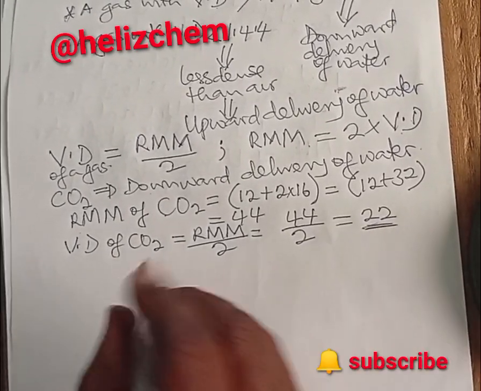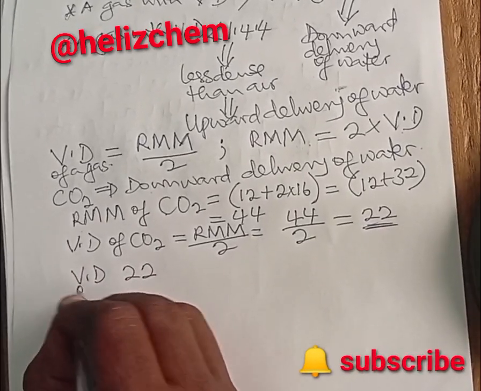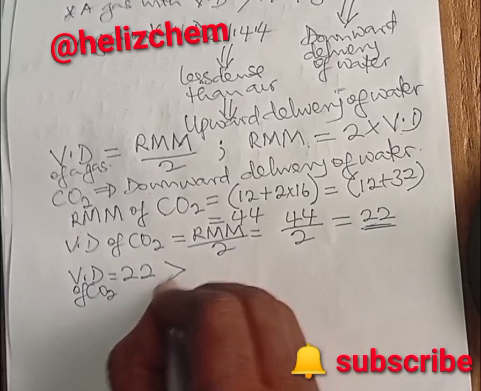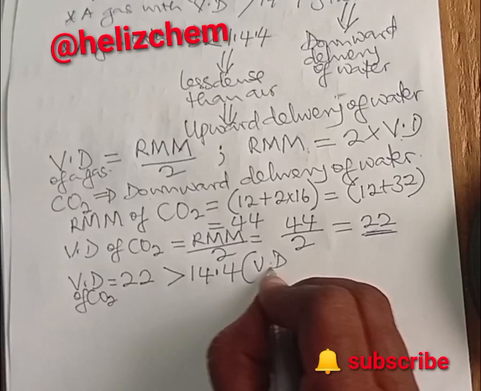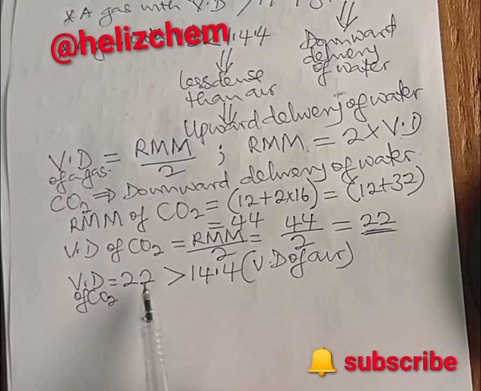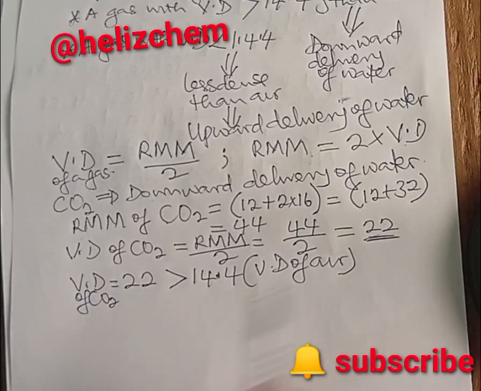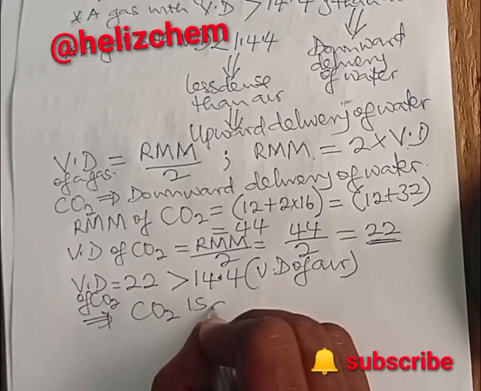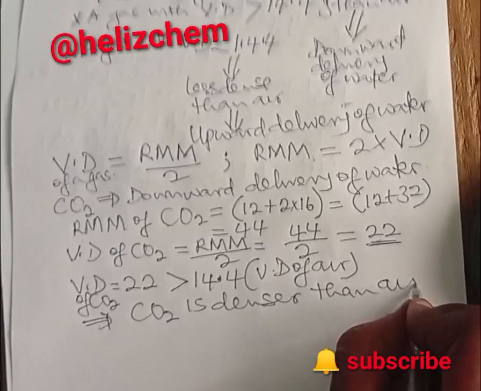If you look at this value now, 22, which is the vapor density of CO2, it is greater than 14.4, which is the vapor density of air. So having known that the vapor density of CO2 is greater than 14.4, that means CO2 is denser than air.